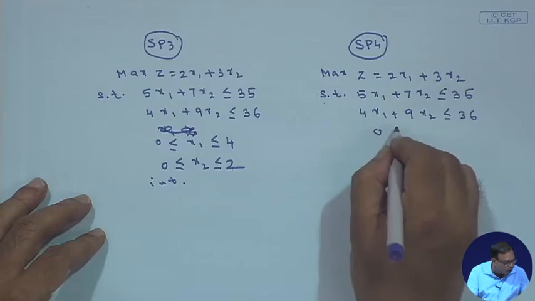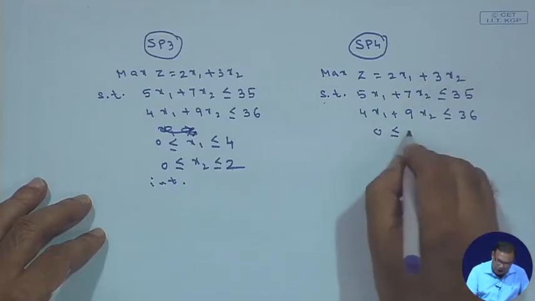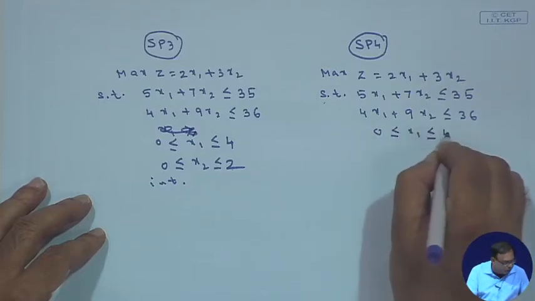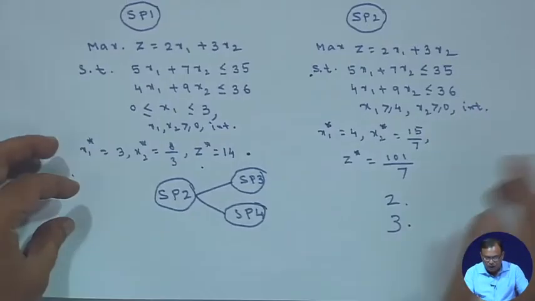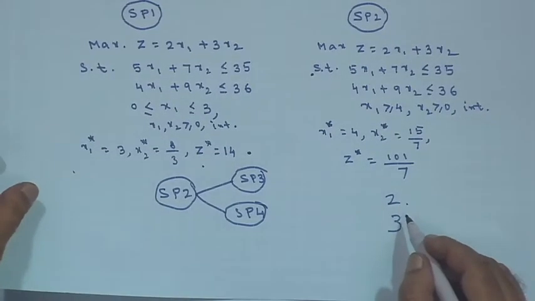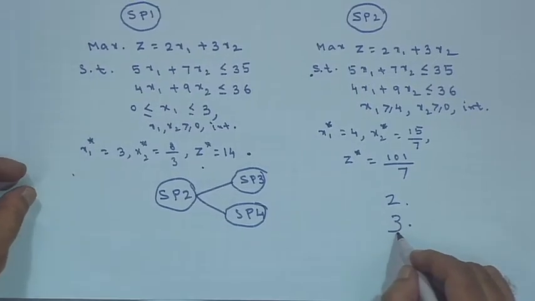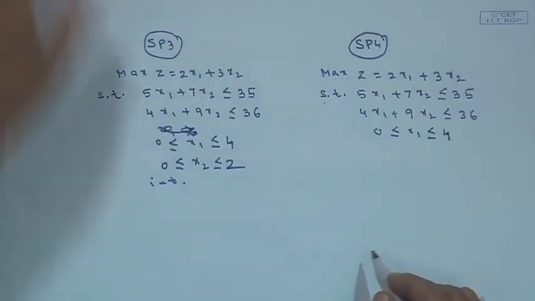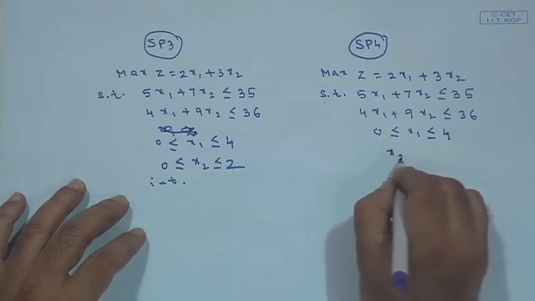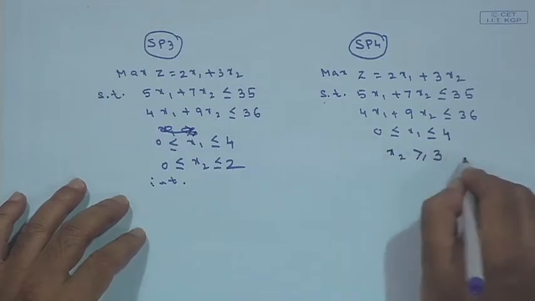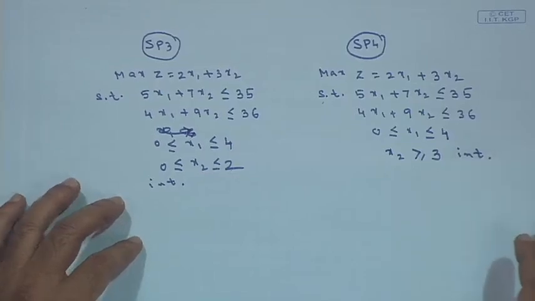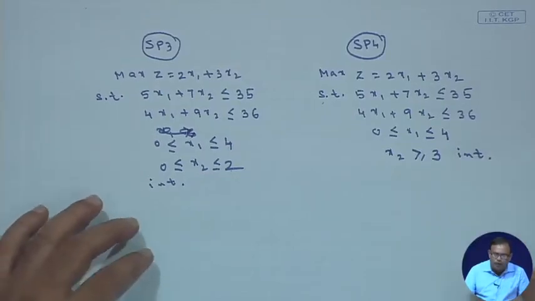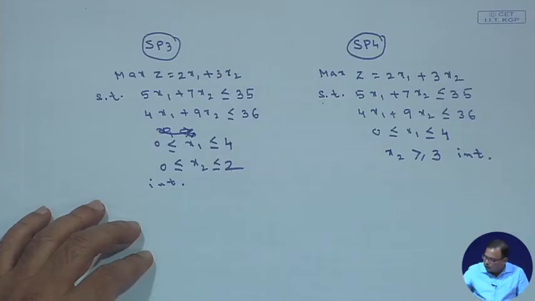This condition is there, that is x1 lies between 0 to 4 and your upper bound, if you see here, upper bound is 3 since it is fractional part. So, therefore, I have to add one more thing, x2 greater than equals 3 and these are all integer values. So, now as we have done earlier, graphically I will solve this problem.